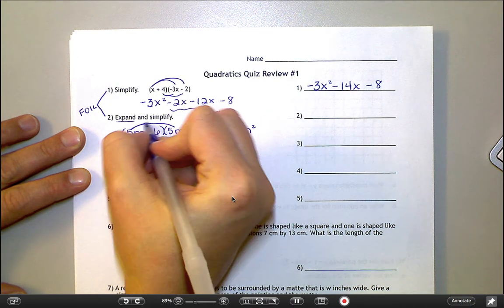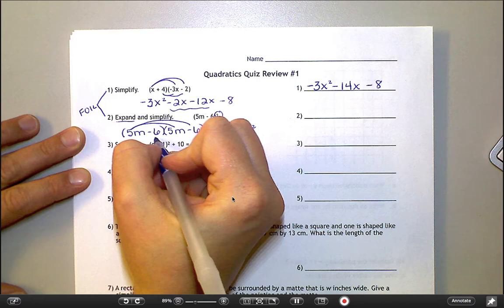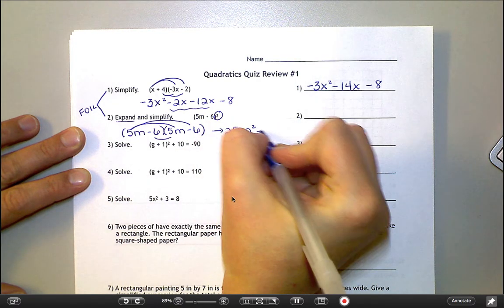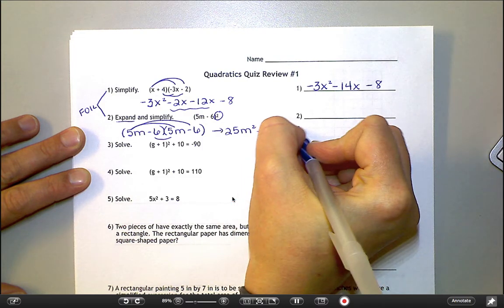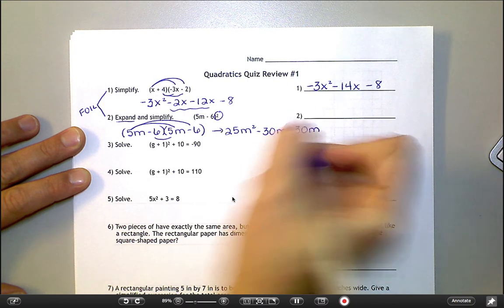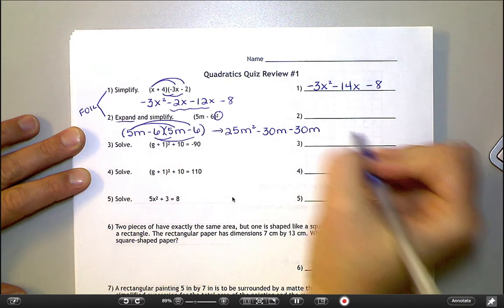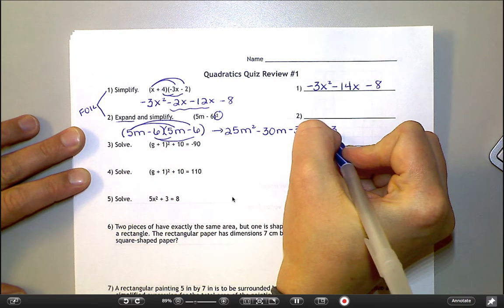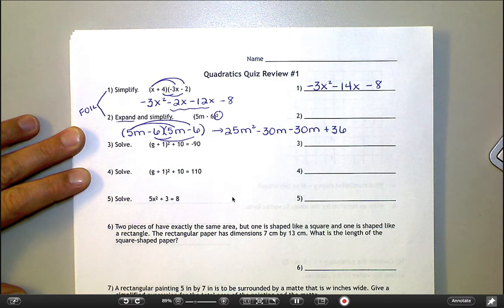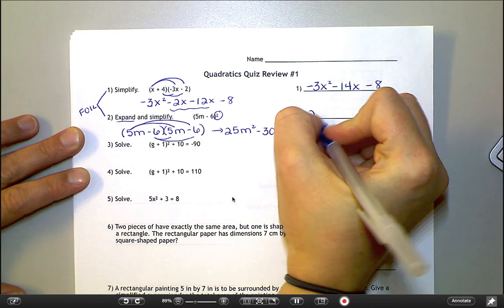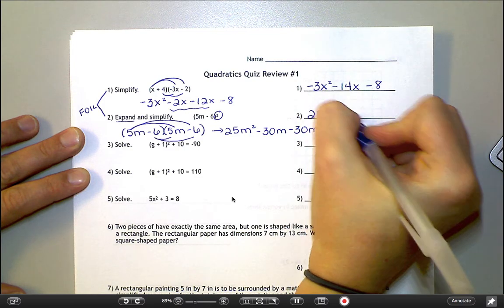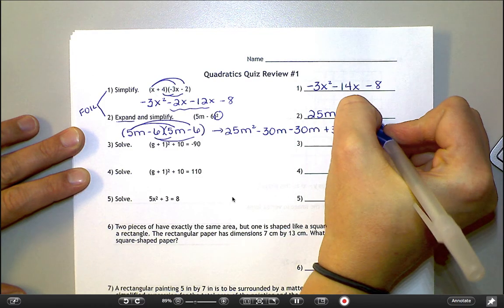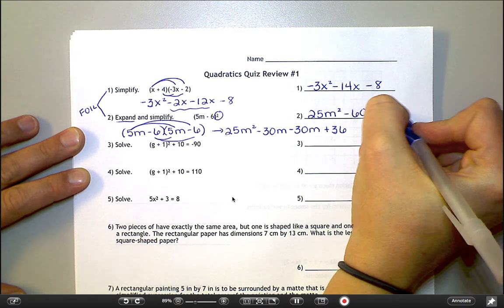And then I'm going to get a minus 30m and another minus 30m. And then negative 6 and negative 6 is positive 36. And then I'll put my middles together, and I end up with 25m squared minus 60m plus 36.